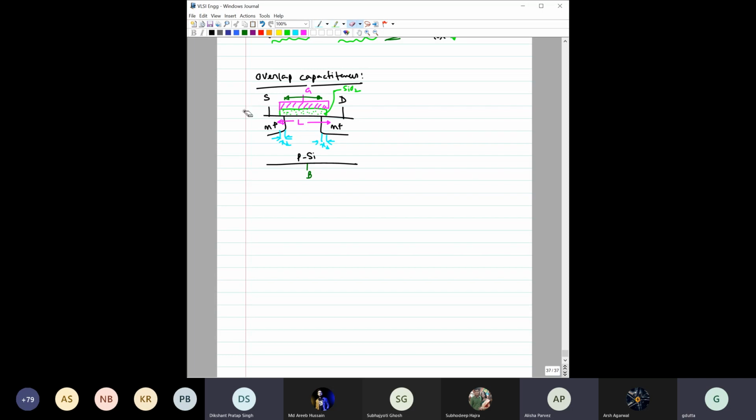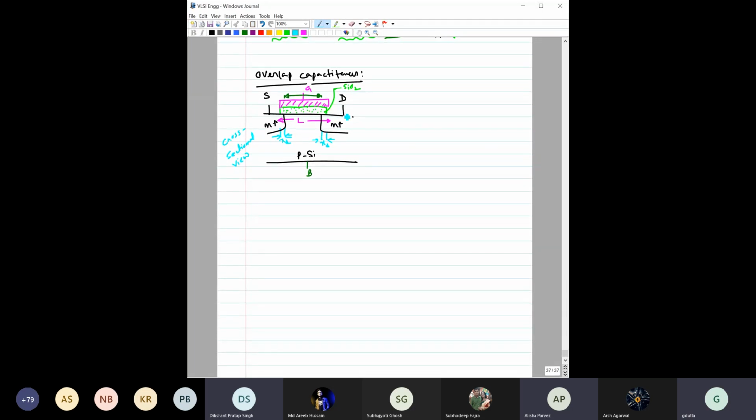Let me write that as well. Cross-sectional view. If you think of its top view, how does it look? That would be interesting to note. You should also notice that here we have drawn it in a two-dimensional way, but there is actually one more dimension. You could have drawn it three-dimensionally. Now try to think that if you are looking from the top, it looks something like this.